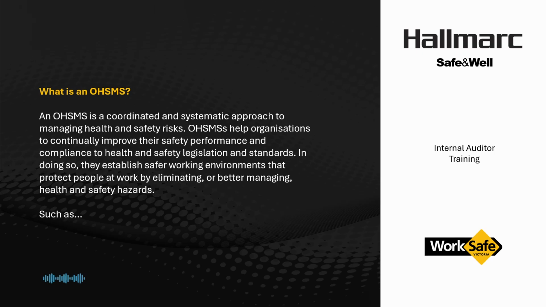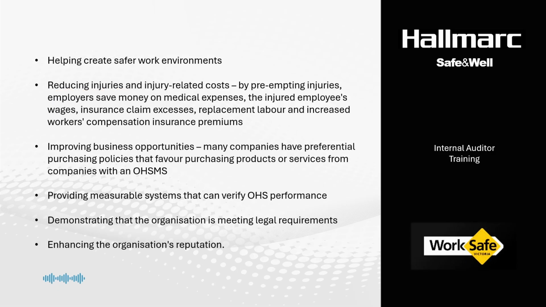An OHSMS helps organizations to continually improve their safety performance and compliance to health and safety legislation and standards. In doing so, they establish safer working environments that protect people at work by eliminating, or better managing, health and safety hazards, such as helping create safer work environments, reducing injuries and injury-related costs.